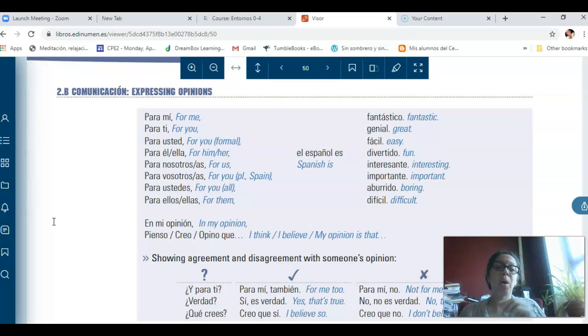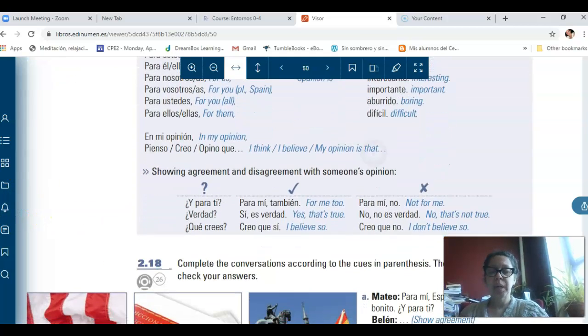So if I'm talking about la música, then I cannot use fantástico. I have to say, para mí, la música es fantástica, ¿sí? And then I have genial, fácil, divertido o divertida, interesante, importante, aburrido o aburrida, difícil, difícil.